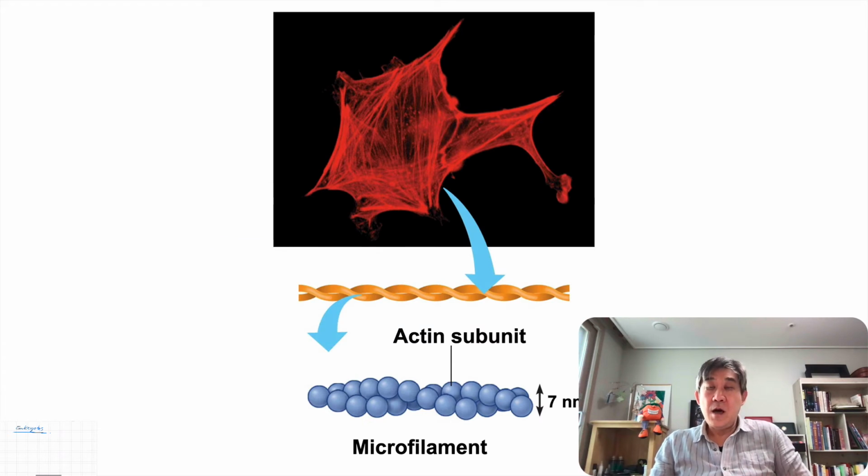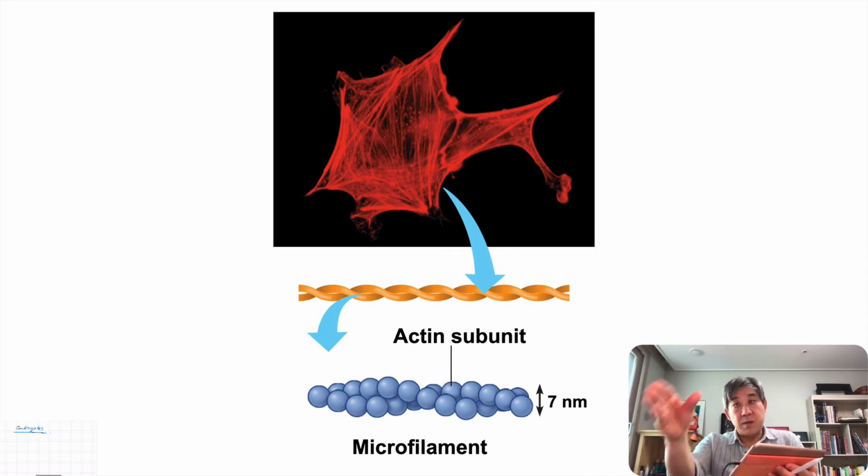So anyway, the important thing is, rather than minding each specific detail, like actin consisting of several actin subunits or whatever, the main thing is that all these 3 different types of cytoskeleton proteins used in building the cytoskeletons are long tube-like or thread-like proteins.